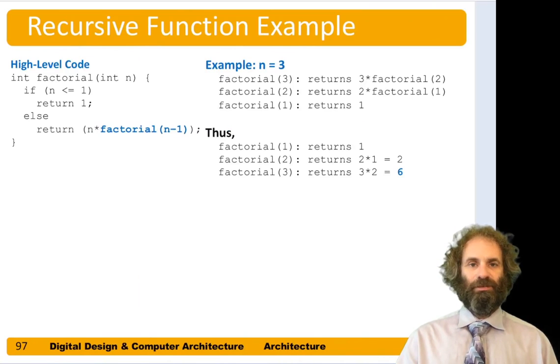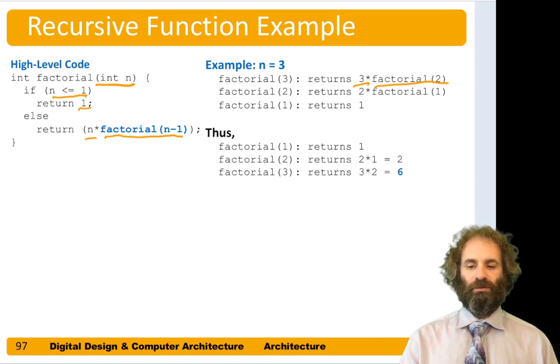Here's a recursive definition of the factorial. If we want to do factorial of n, we see if n is less than or equal to 1, we'll return the base case of 1. Otherwise, we'll return n times factorial of n minus 1. So let's say our main function called factorial with n equals 3. Factorial of 3 will return 3 times factorial of 2.